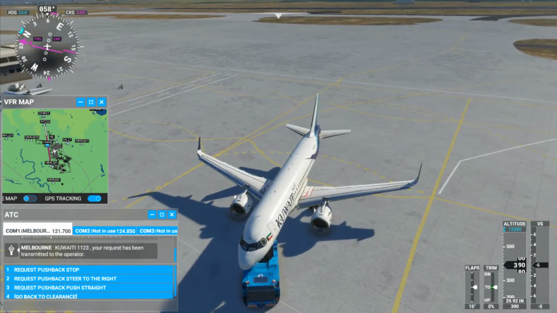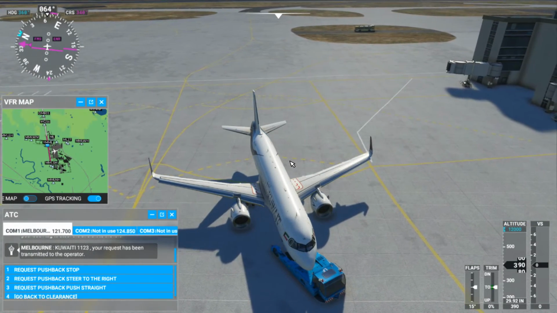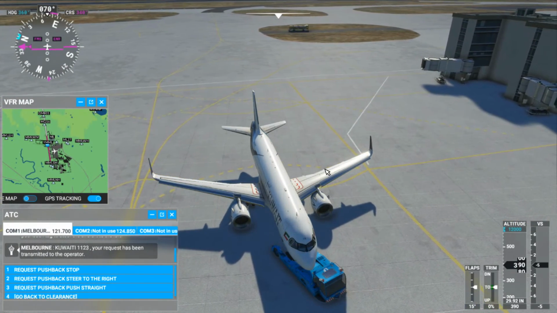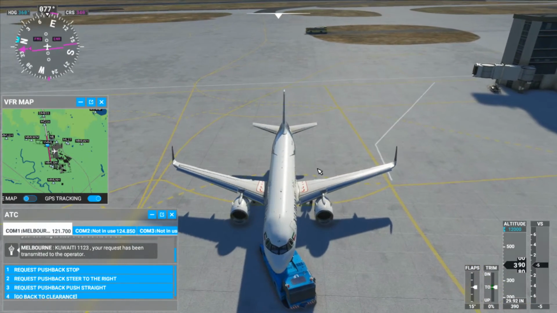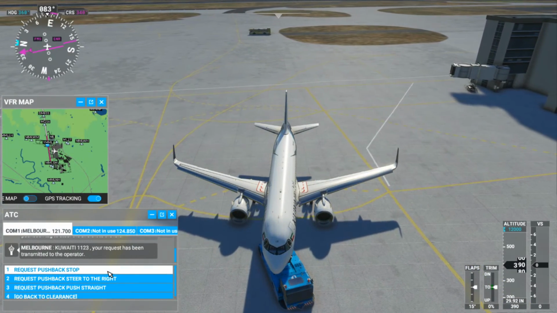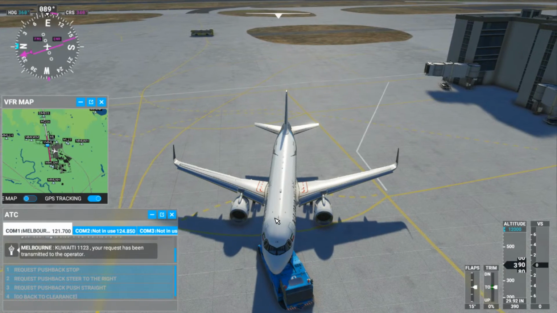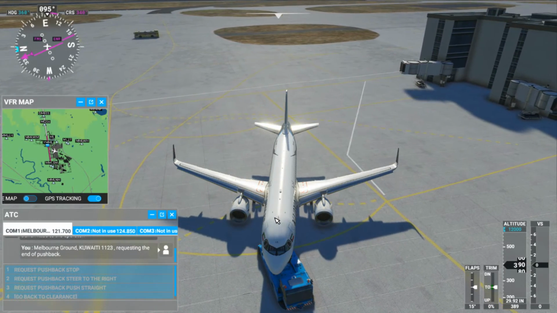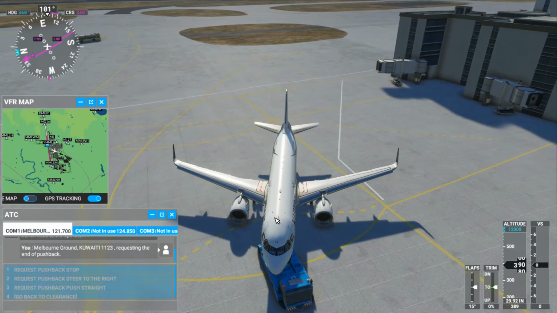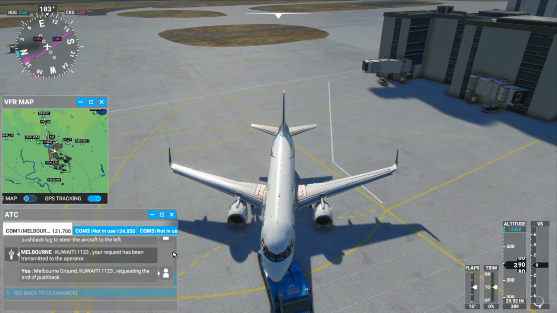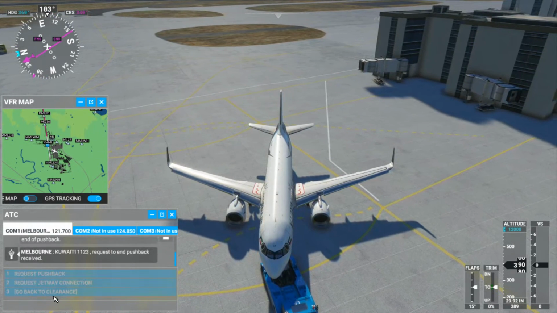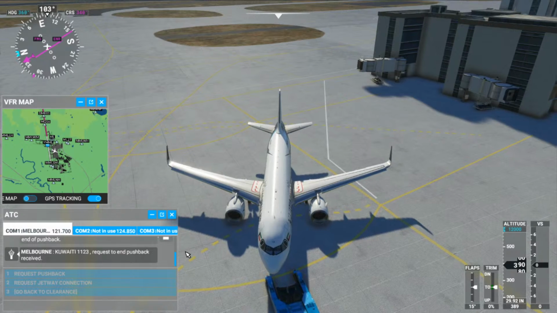It's not a good pushback anyways, but let's make it stop here. Melbourne ground, Kuwaiti 1123 requesting the end of pushback. There we go. Kuwaiti 1123, request to end pushback received.